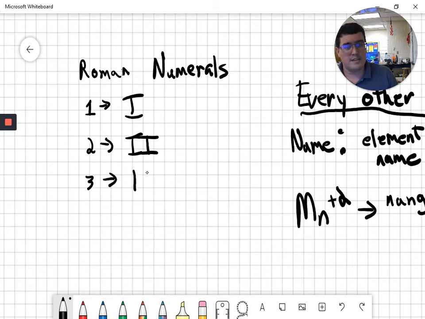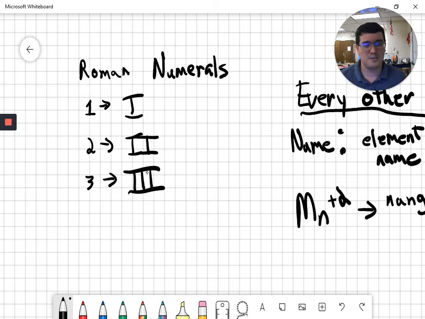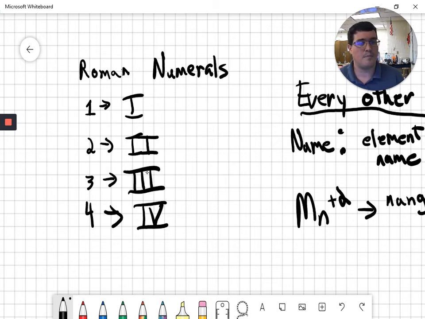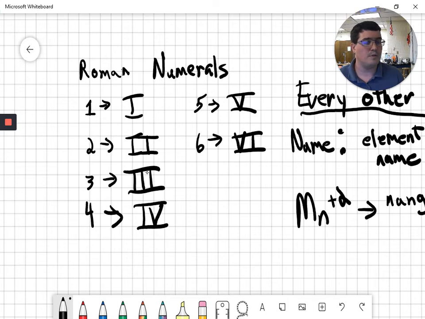Roman numeral number 3 is III. It's 3 sailors saluting their captain. Roman numeral number 4 is weird. It's 1 less than 5, so we write it like that. In Roman numerals, if the small number comes first, you subtract it from the big number, and the big number there is 5, which is V. For 6, the I comes after the V because it's 1 plus 5, 1 more than 5.